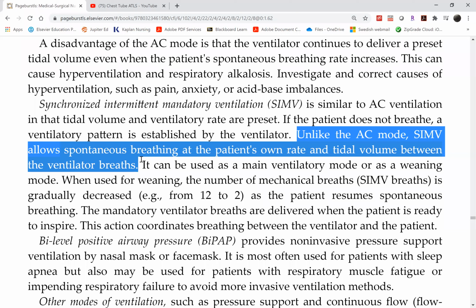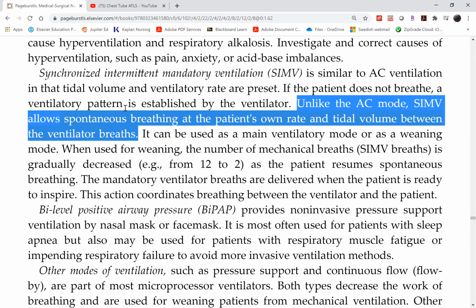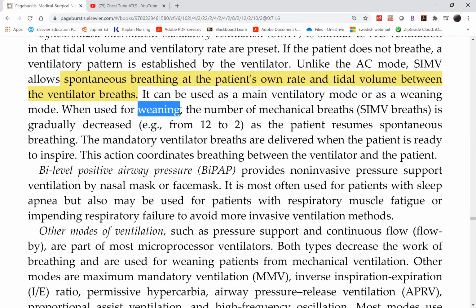Okay, so those are just two basic volume modes. I'll talk about the pressure mode later under weaning. As I mentioned earlier, when used for weaning and not as a main vent mode, the doctor will order a gradual decrease of the preset rate.